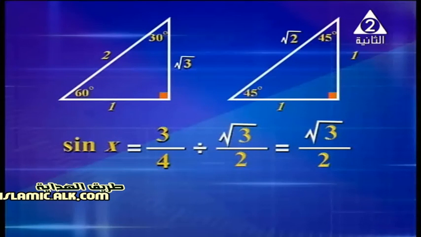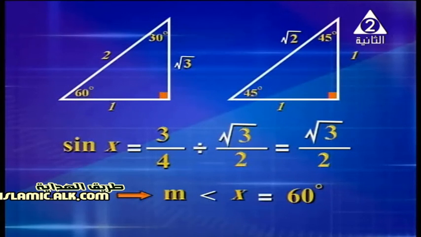Then, in this case, we can use your calculators to find the measure of angle x. How? By pressing shift sine square root 3 over 2 to obtain a result for measure angle x as 60 degrees.